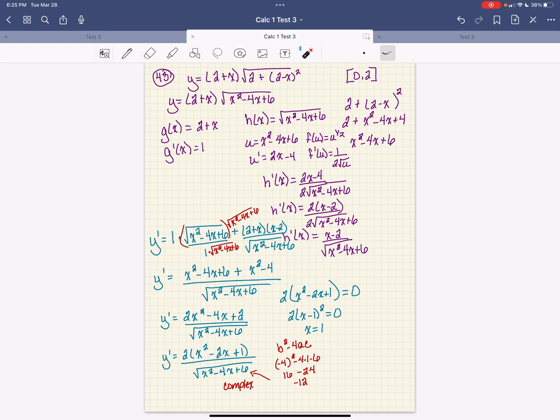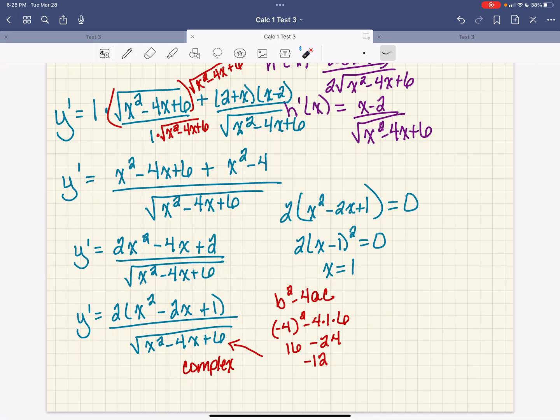So at this point, I am going to find f of my endpoint 0, and I'm going to find f of my other endpoint, which is 2, and I'm going to find f of positive 1.